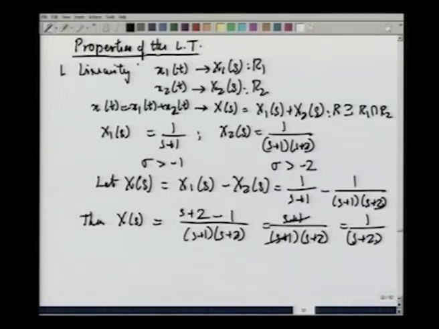Now, given that both the input signals have rightward ROCs, they both represent right-sided functions, and hence one expects x of s, which is the difference of two right-sided functions, to be also right-sided.